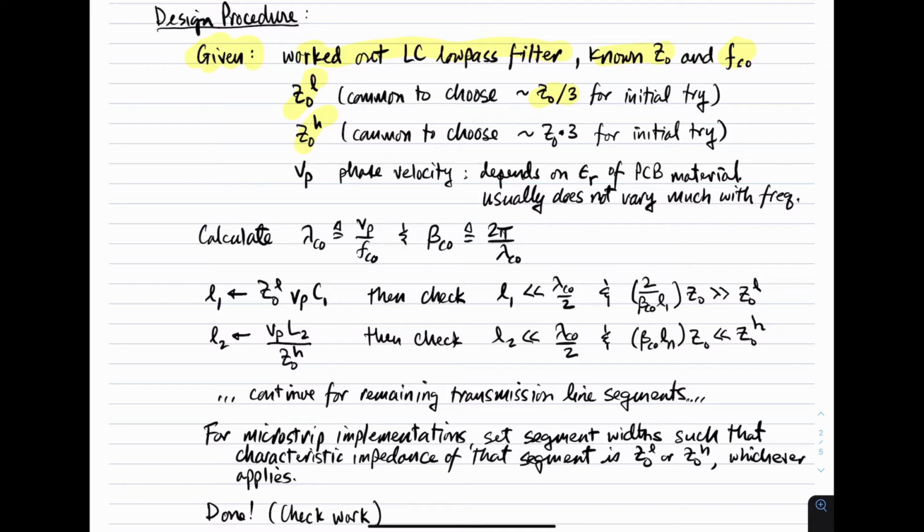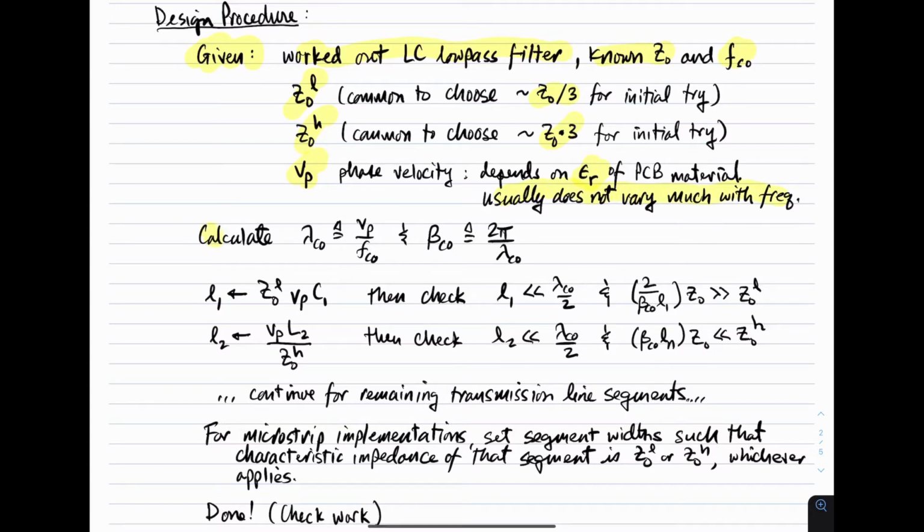And similarly, maybe make Z0H something like 150 ohms for Z0 equals 50 ohms. And if you find the design is unsatisfactory, then you can fiddle with these numbers. And then the 4th thing you'll need is the phase velocity. Now, the phase velocity depends on the dielectric constant of the PCB material, assuming you're doing a microstrip implementation. This usually, not always, but usually does not vary significantly with frequency.